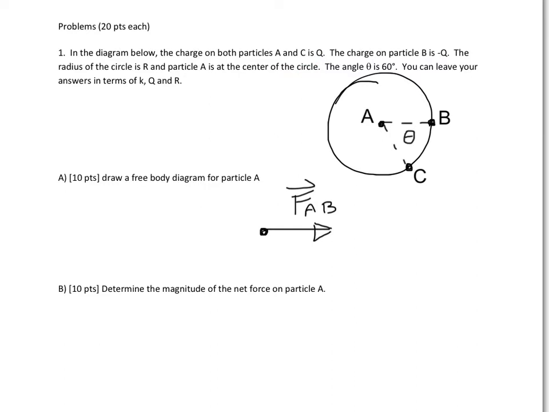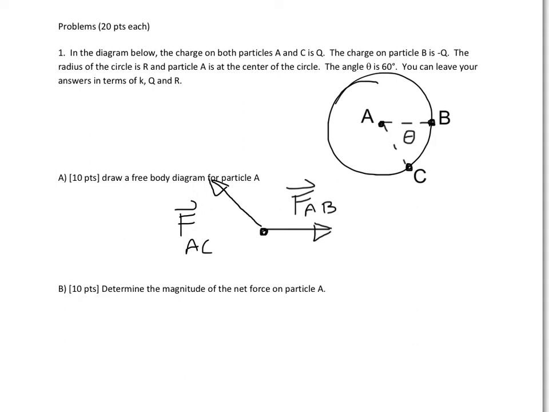It's the same distance away, and all the magnitudes of the charge are the same, so that guy is going to be the same length, but it's going to be coming up at a different angle. F on A due to C. Now that is a free body diagram, and I pretty much don't need anything else on there.